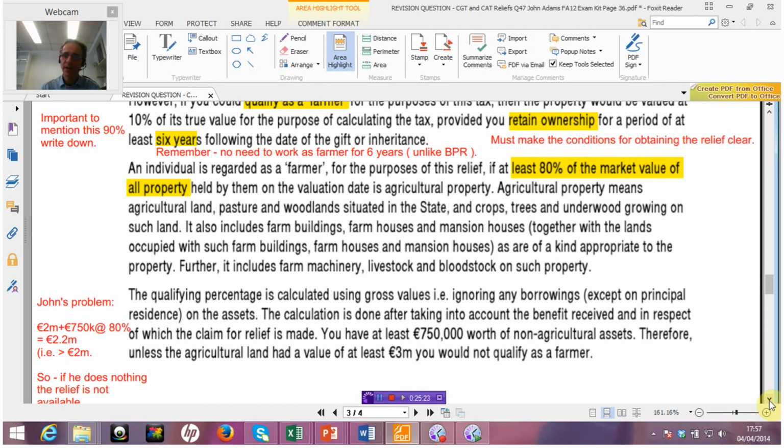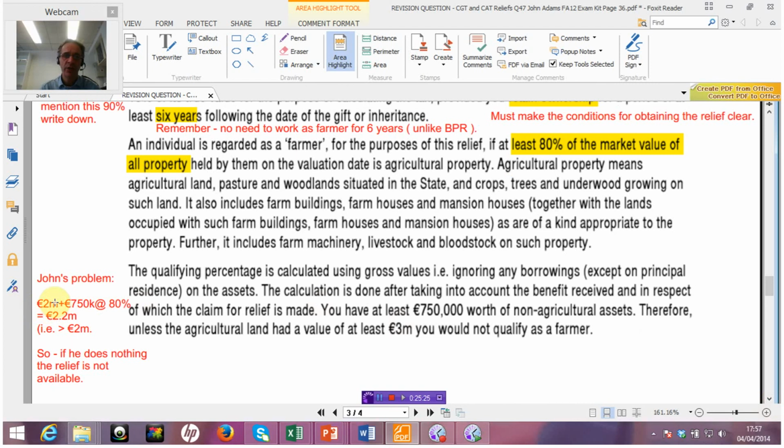So you'll see down the left-hand side of the screen here, if we look at the value of the property that's about to be transferred, and indeed the assets that he already owns, we're not given any other information other than that, we see that the 80% would be 2.2 million. So that gives him a problem in effect. Okay, so the issue for him really is, given this problem, what's he going to do about it? In other words, what can he do about it?